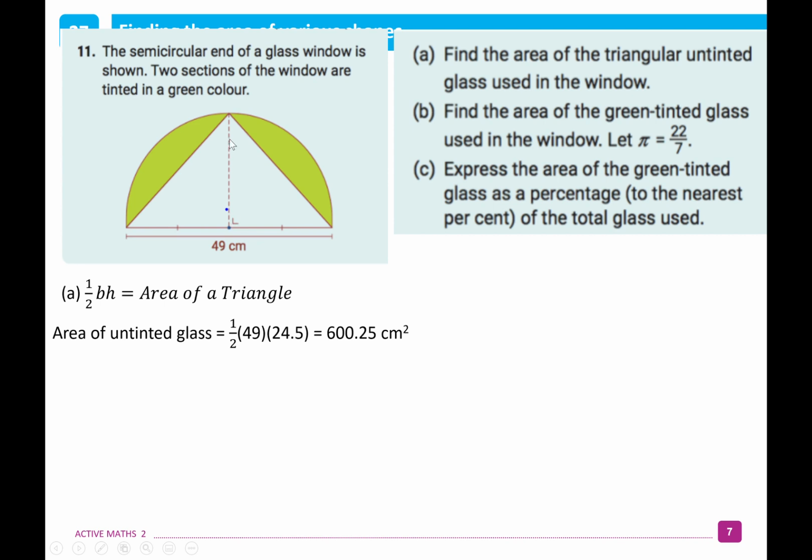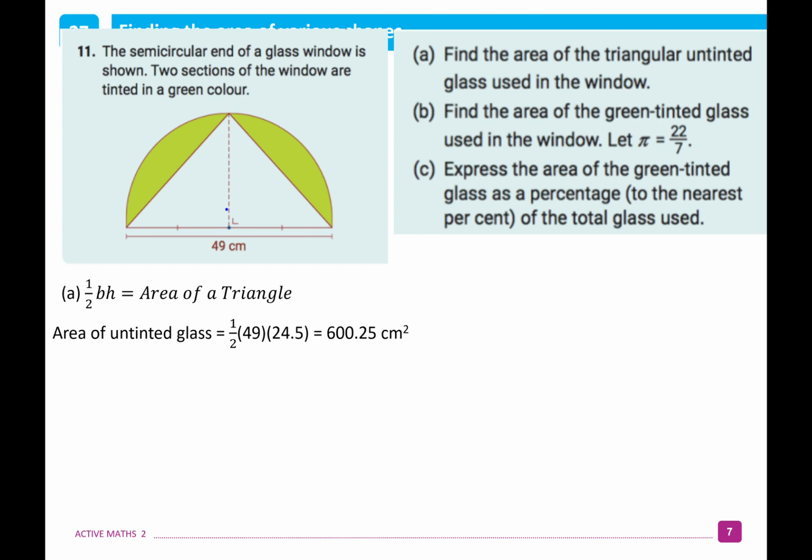We can see in this question that your height is the radius of your circle. We know the diameter of the circle is 49, so half of that gives us 24.5. The height is 24.5. Therefore, the area of your triangle is a half times 49 times 24.5, which gives us 600.25 centimeters squared.